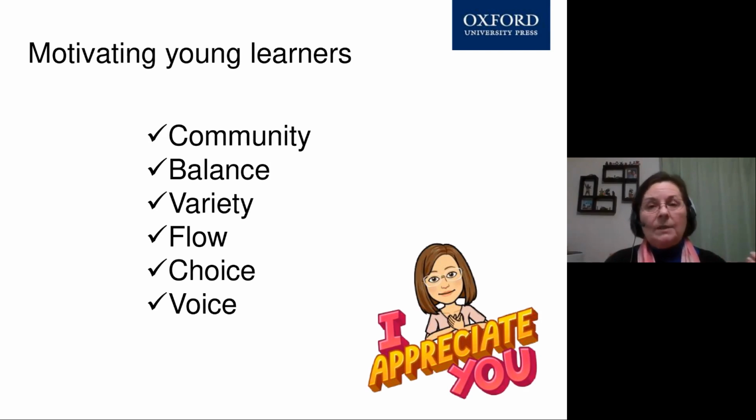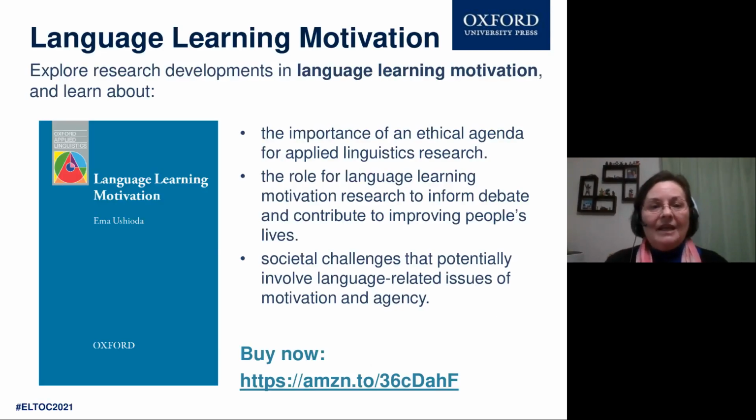We want students to become so engaged with the activity that they forget about the language that they're using. We want to give them a choice in how they learn and how they are assessed. We want to give them a voice in their preferences and to give their opinions and to share, to become self-motivated, independent learners.